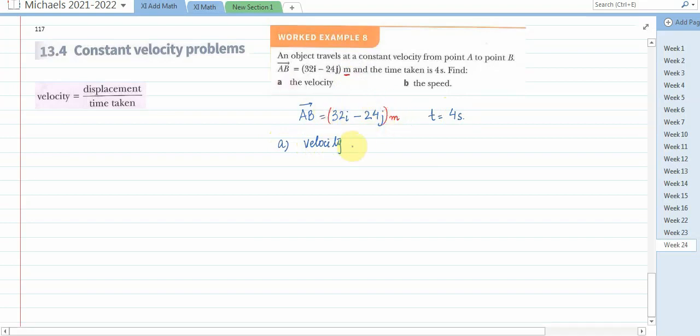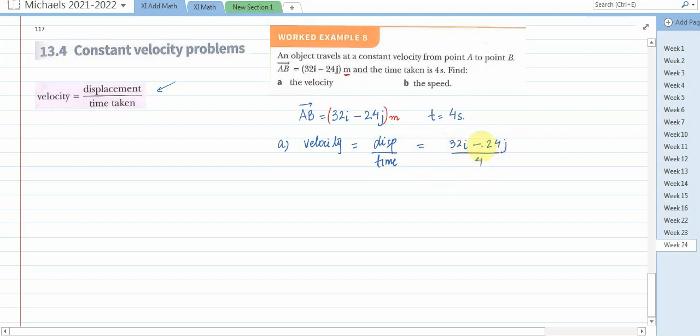To find out velocity, the working formula as mentioned here is displacement divided by time. The value of displacement we have is 32I minus 24J, and the value of time we have is 4 seconds.